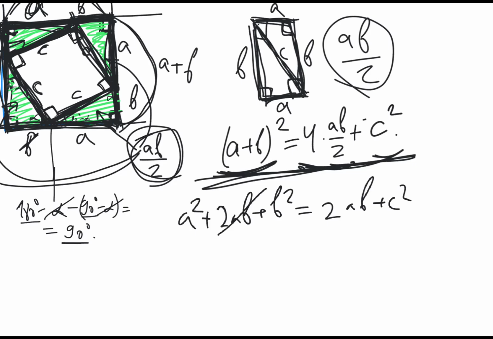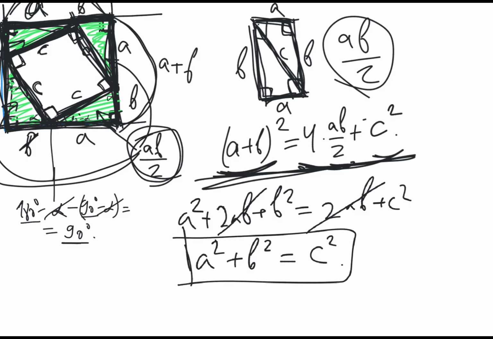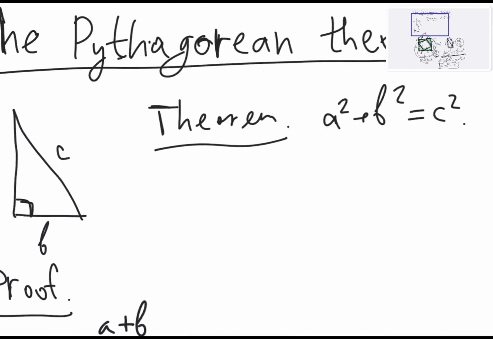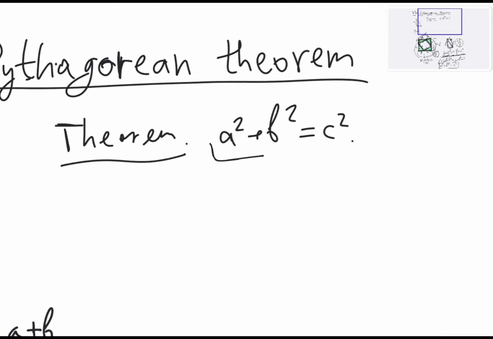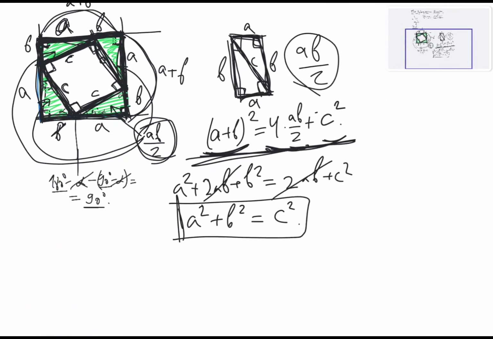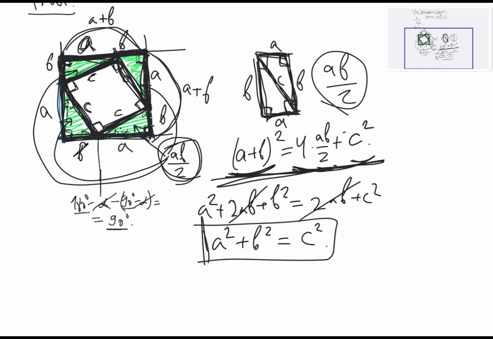So now 2AB and 2AB cancel each other, and what we have is A squared plus B squared is equal to C squared, which is exactly what the Pythagorean theorem states. So that's what we needed to prove. So this concludes the proof.